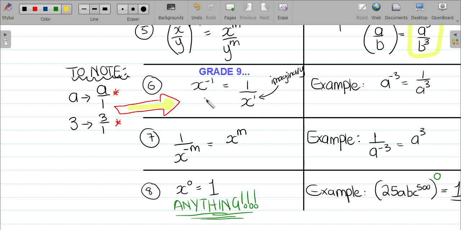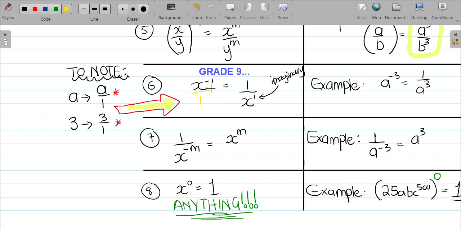Well, let's look over here. The rule number 6 is that when we have a negative power and we need to simplify it, because in maths they always want the most simplified answer, what will happen is we will change this. Remember, what did I say? This can be written as basically 1 like that.